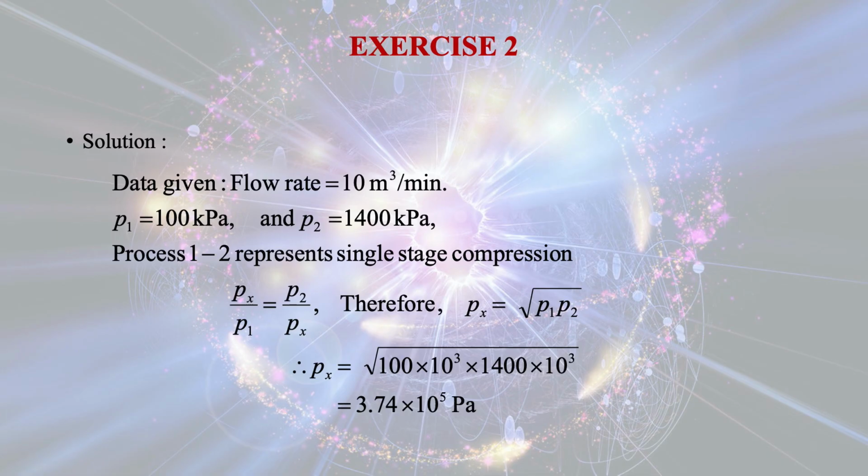But for perfect intercooling, the pressure ratio has to be the same. Px by P1 is equal to P2 by Px, and therefore Px is equal to under root P1 multiplied by P2. If you know P1 and P2, then you can calculate Px, the intermediate pressure, which comes out to be 3.74 into 10 to the power 5 Pascal.